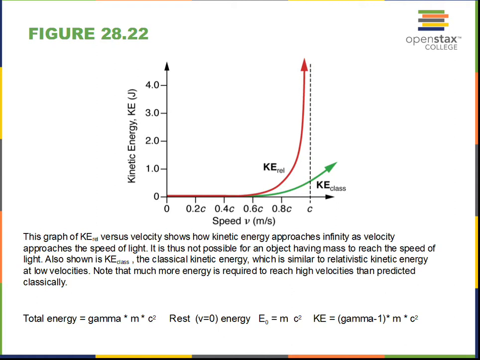Just one last comment, the correspondence principle. If you notice this red and the green, they overlap back here. When the speed is small, special relativity has the same result as classical physics. Special relativity is a broader theory. It's more applicable in a different range of velocities. Special relativity and classical physics agree at low speeds.